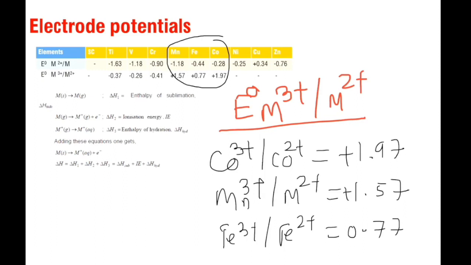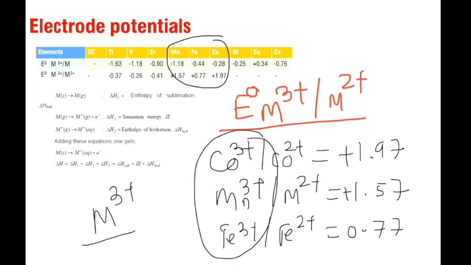In these cases, the tri-positive ions possess positive volt. They are easily converted to M2+ form. As they easily convert to M2+ form, they easily undergo reduction.